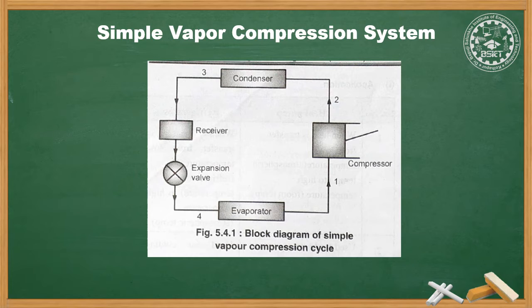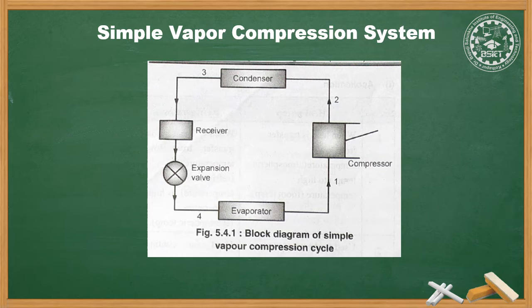The high pressure saturated liquid refrigerant passes through a narrow opening of the expansion valve from point 3 to 4. The function of the expansion valve is to throttle the liquid refrigerant from high pressure, high temperature to low pressure, low temperature, keeping the enthalpy constant.